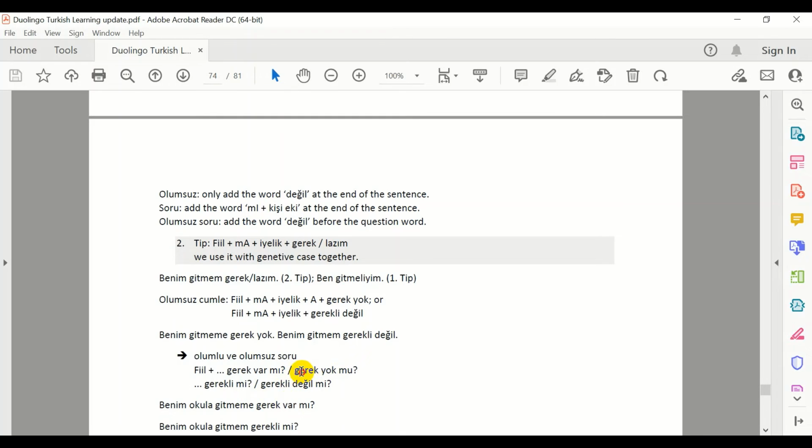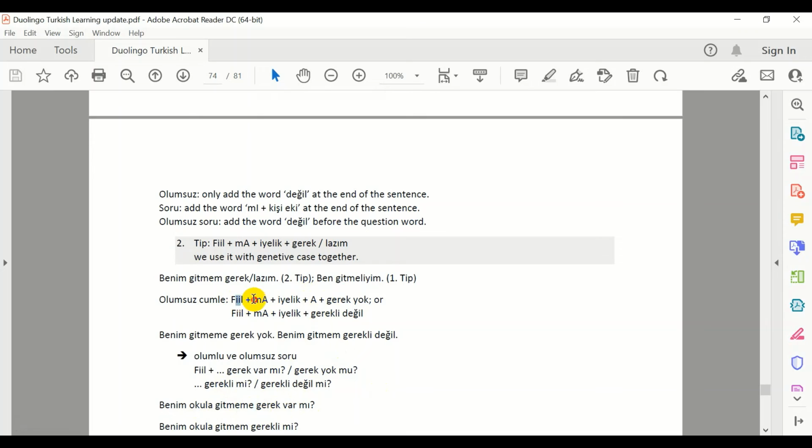Yok mu is negative interrogative, var mı is positive interrogative. Or it also has two different structures, gerekli mi or gerekli değil mi. Benim okula gitmeme gerek var mı? The first structure, this structure.